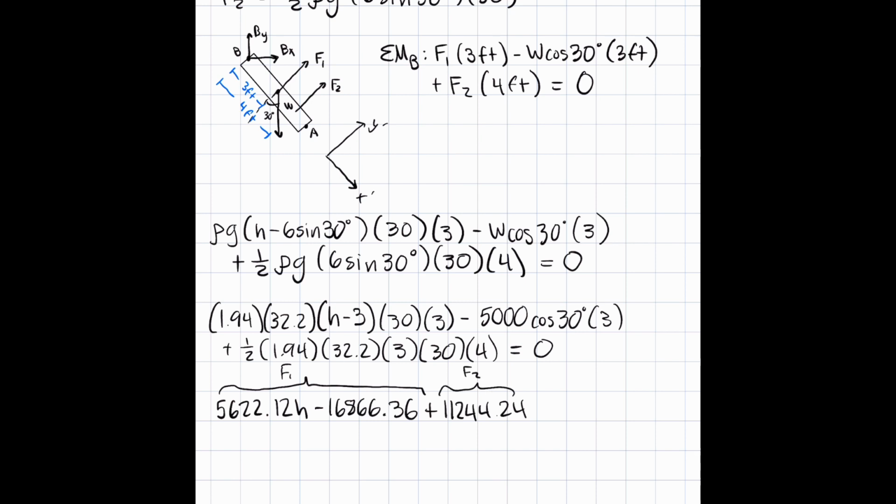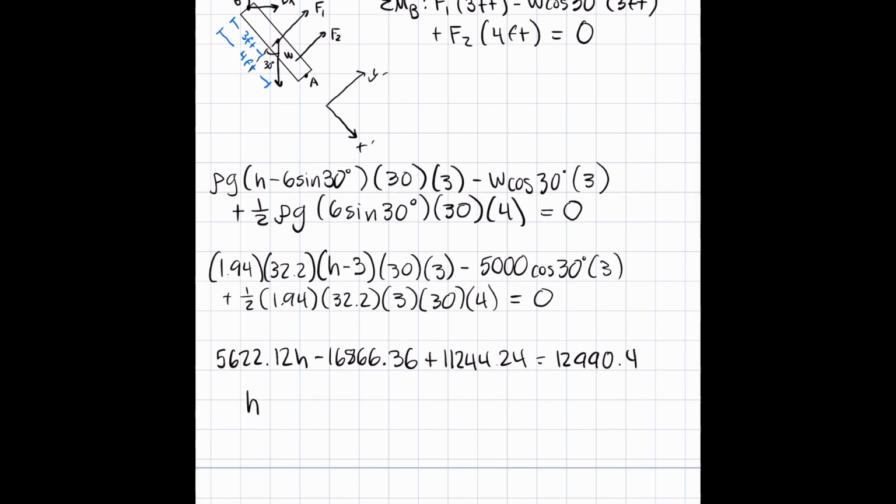And then we're actually going to go ahead and move the weight onto the opposite side. So you can see that this is a negative term for the weight. So we're going to go ahead and move it, make it positive, and it's going to be on the opposite side of the equation in this case. And that's going to be 12,990.4. All right.